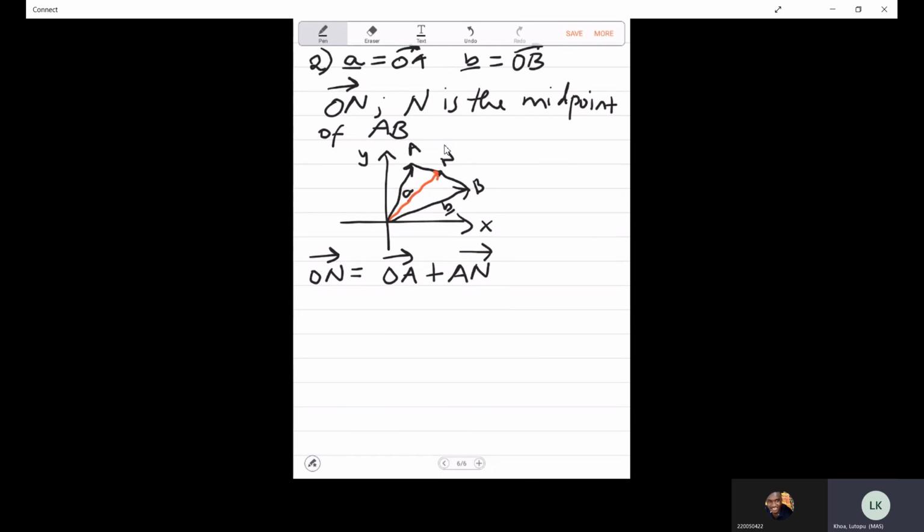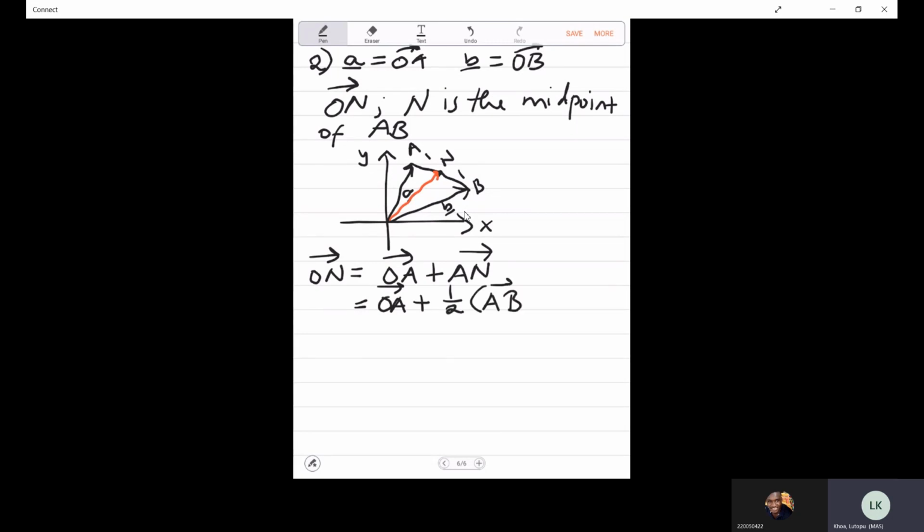Okay, now what we need to remember, the fact that N is the midpoint of AB is very important. That means it divides the line AB in the ratio 1 to 1. Okay, so this AN is actually just half of the vector from A to B. So this is OA plus half the vector AB.